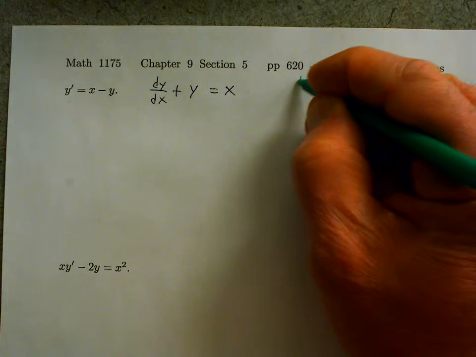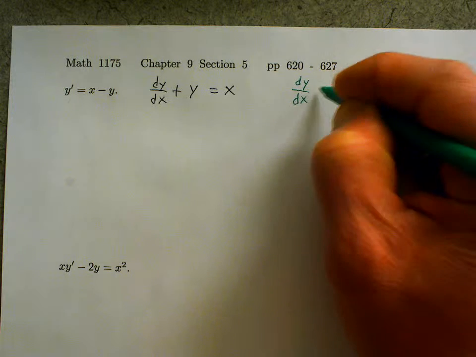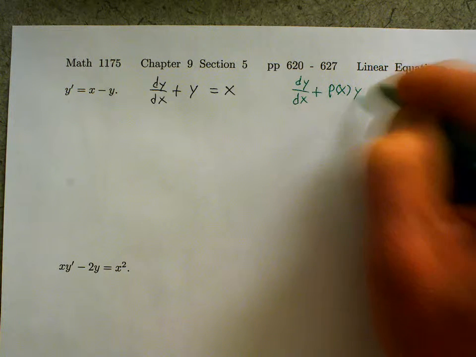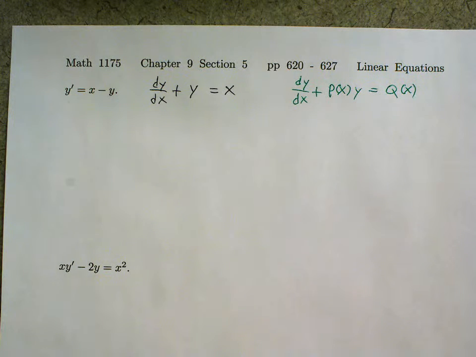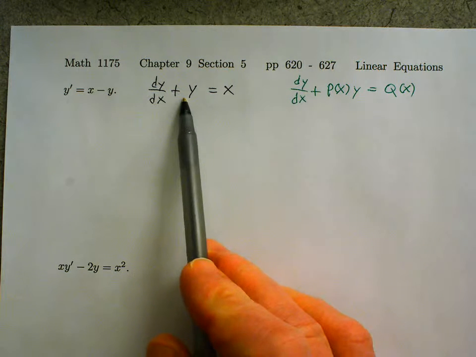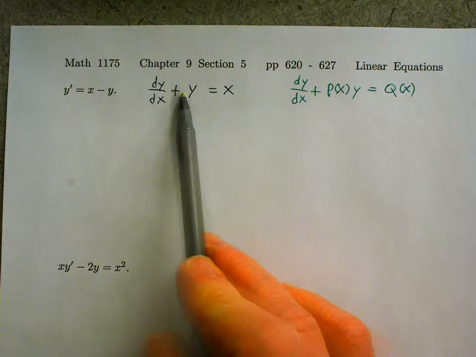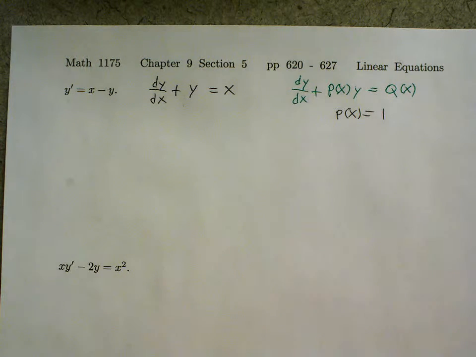The form, I'll write that as dy/dx plus p of x times y equals q of x. In this particular example, p of x is just the constant 1. So p of x is equal to 1 in this one.